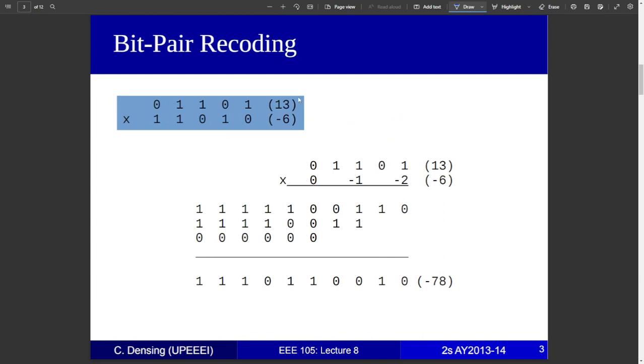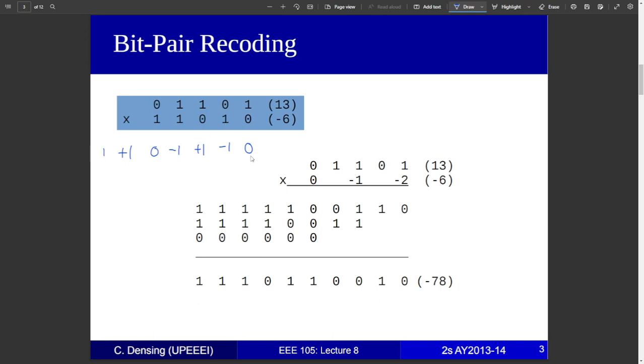So in bit pair encoding, you can turn this into 0, minus 1, 2. Let's see how we do that. In Booth notation, you have 0 here for negative 6, by the way. You have a 0 here. You have here a negative 1 and a positive 1. And then you have negative 1, a 0, and the positive 1 again, going on to infinity.